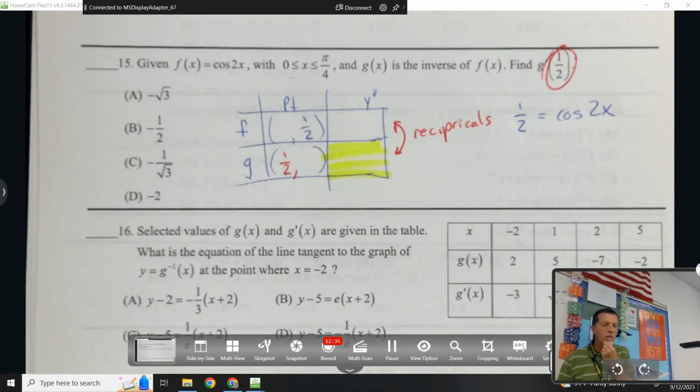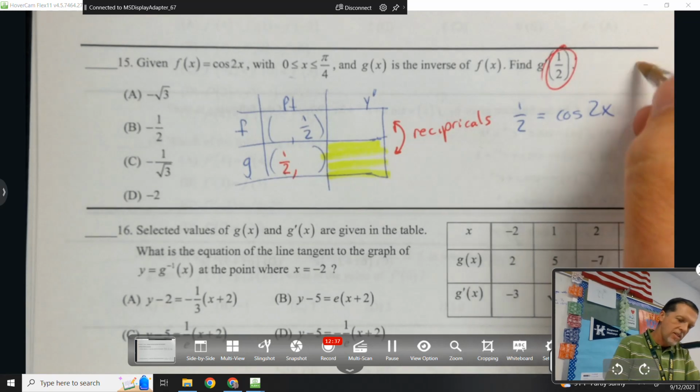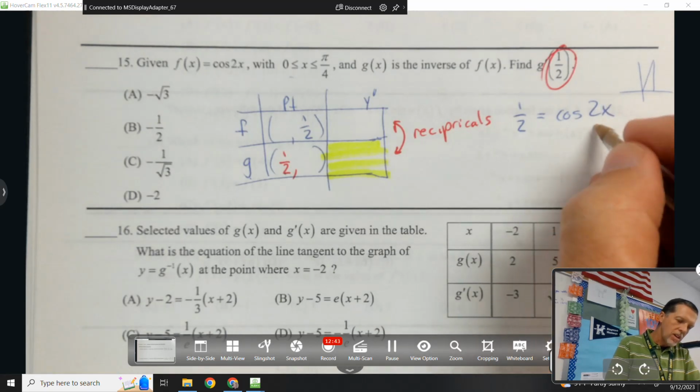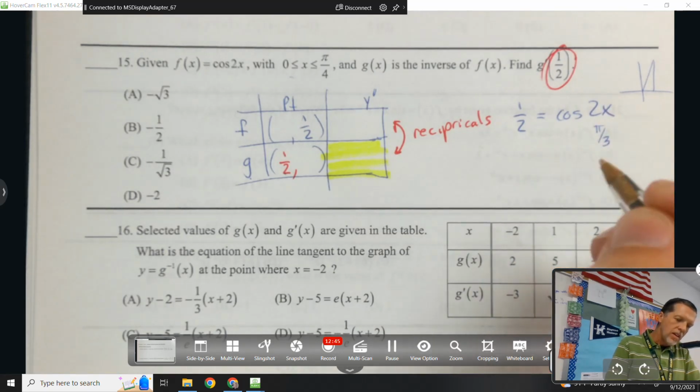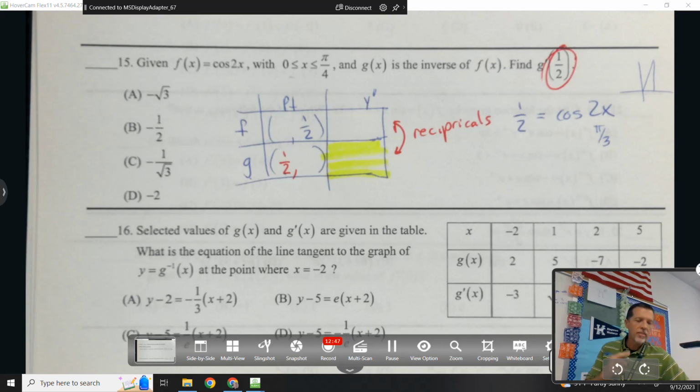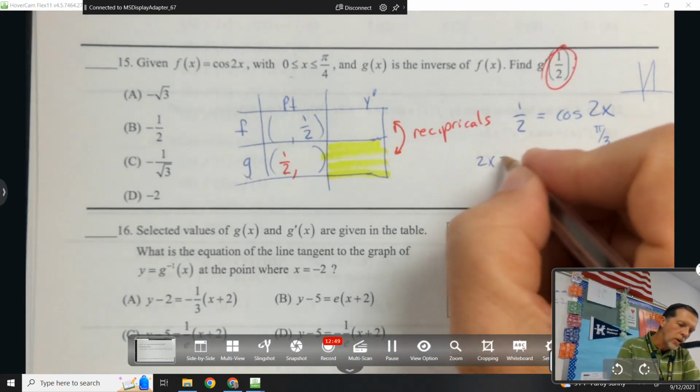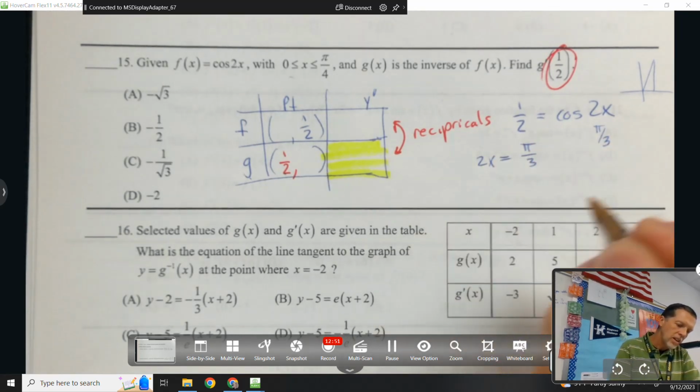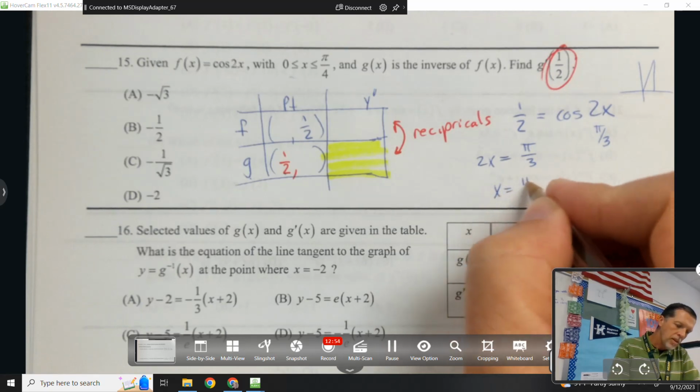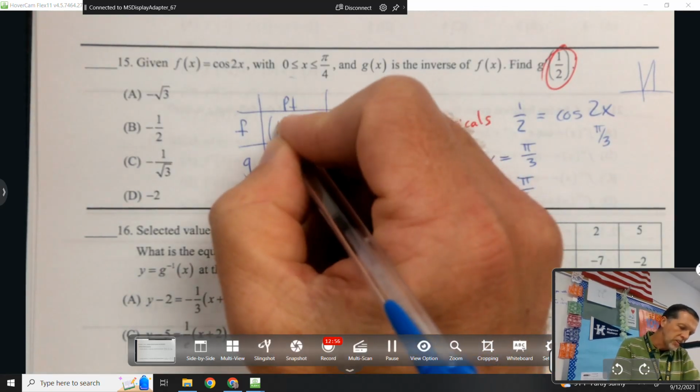So where is the cosine equal to 1/2? Let's see, that'd be at pi over 3. Cosine of pi over 3 is 1/2. So that means I need 2x to be pi over 3. So x is pi over 6.